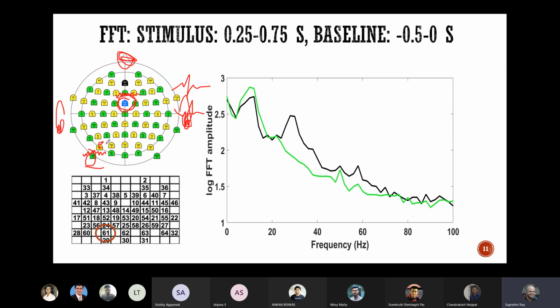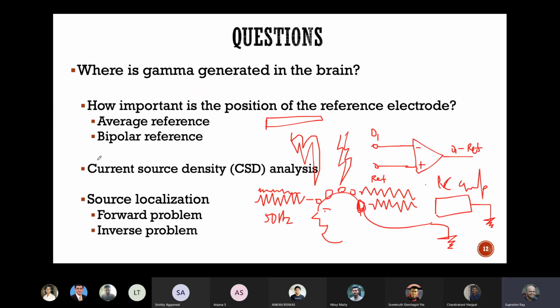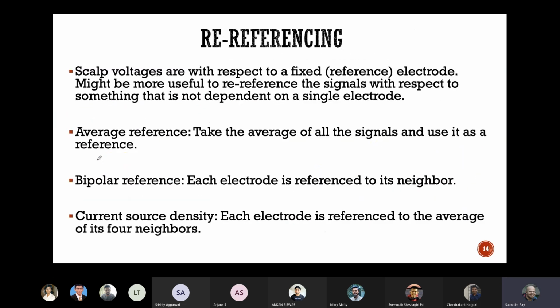So there's actually no unique good answer to what the reference electrode should be. If it's too far, then the output is very noisy. If it's too close, then you get nothing. So different people have used different strategies, and here are a few common standard ones.